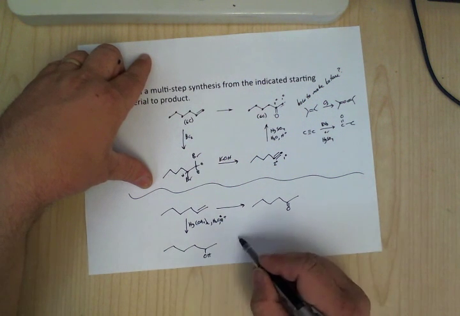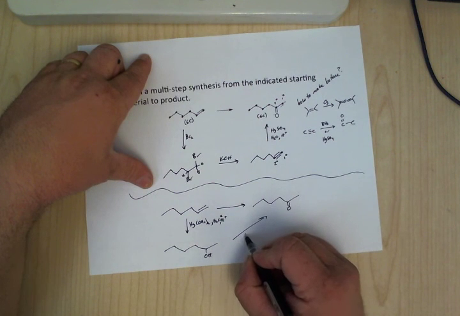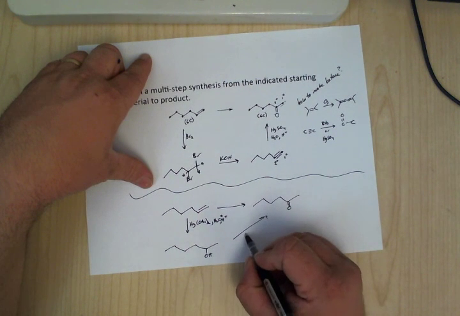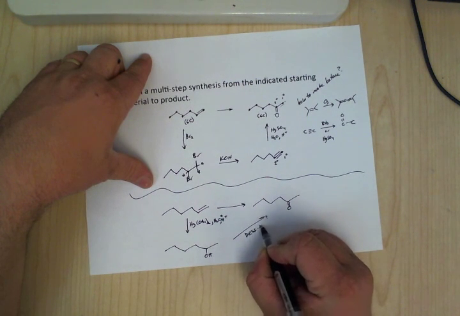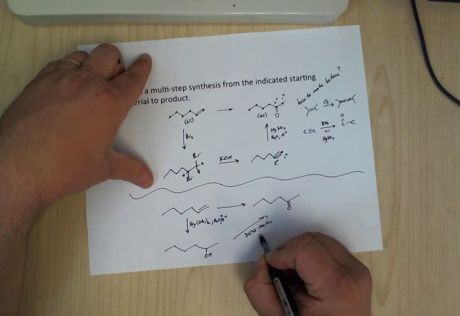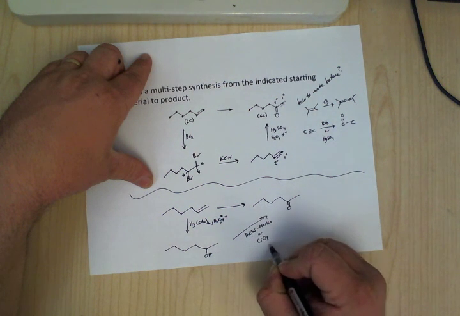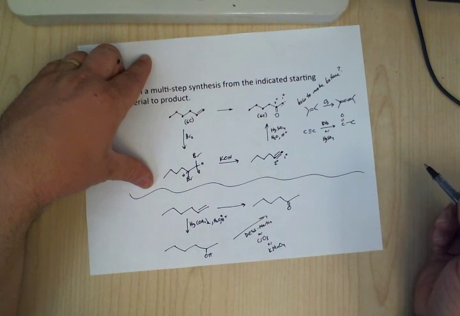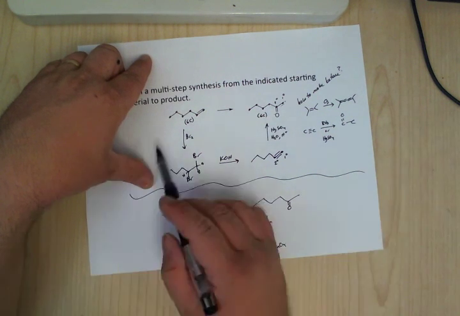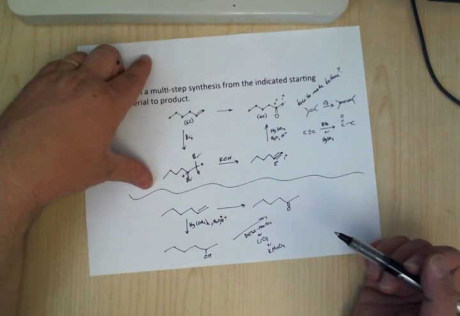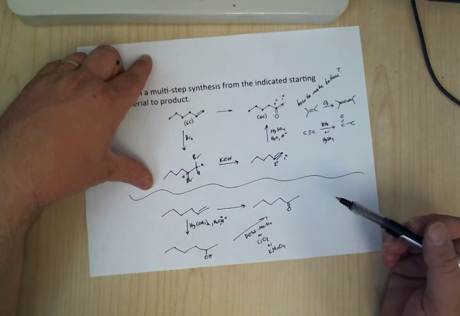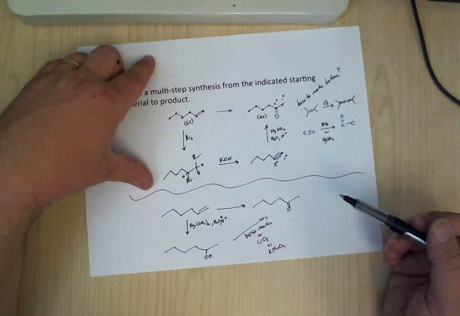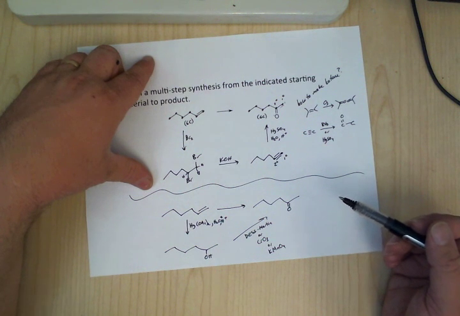And then you hit it with some sort of oxidant, so Dess-Martin, or chromium trioxide, or potassium permanganate. That would also work too. So there's more than one way to deal with these things, and all of them are equally valid. I don't care which one.